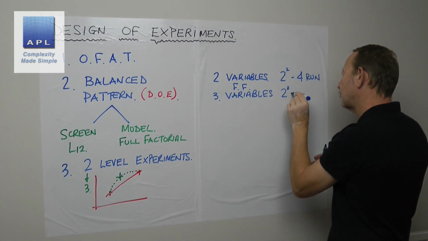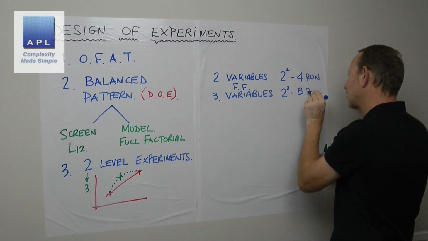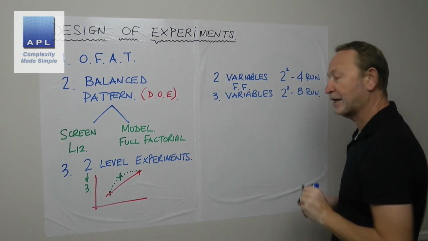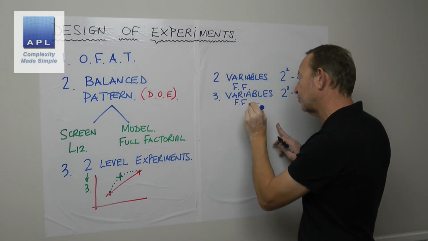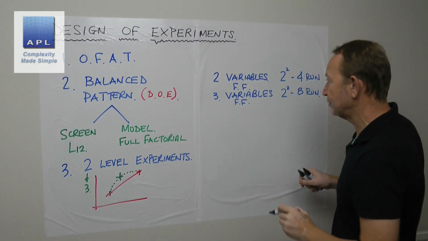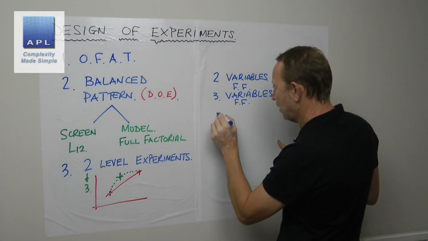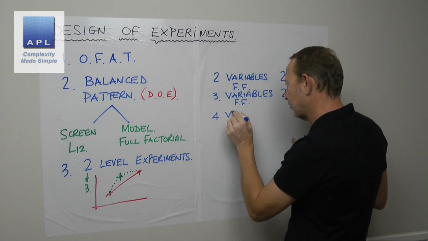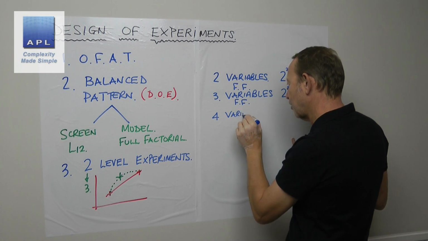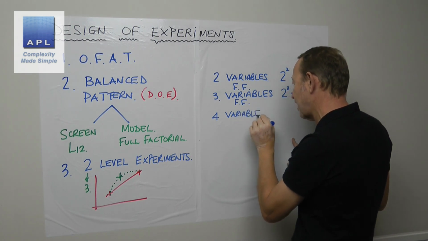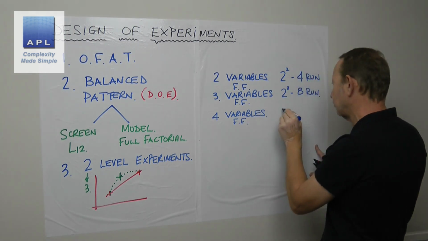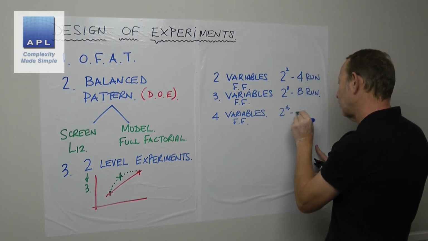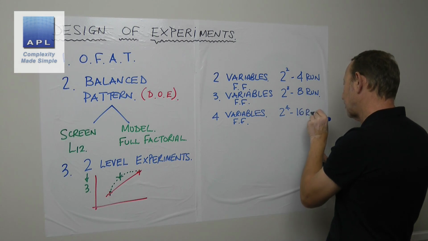We'll go 2 to the 3. It becomes an 8-run experiment. Once again, it's a full factorial. These are modeling DOEs. If you have 4 variables, 4 dials, 4 things you want to test, what are we going to do? A full factorial. 2 to the 4, 16 run.